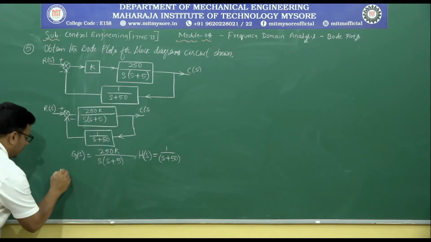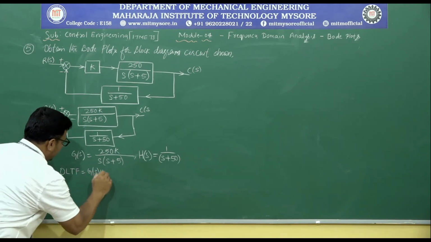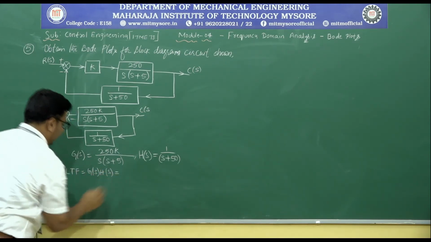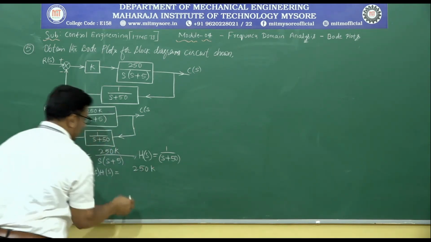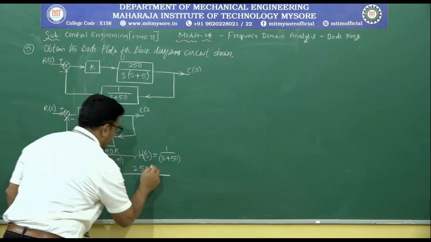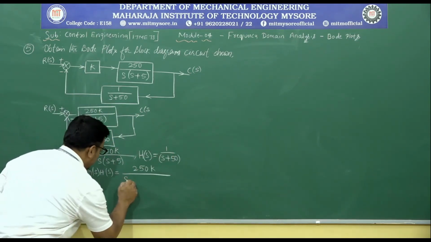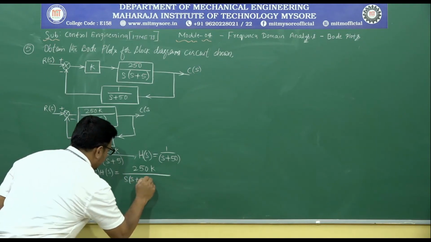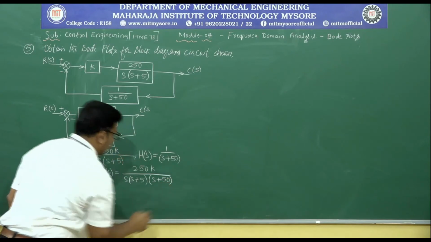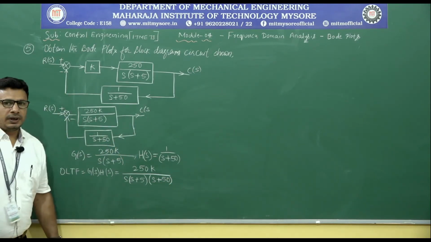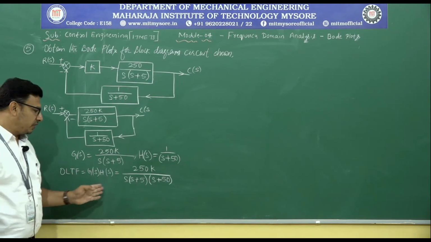Now the open loop transfer function, that is G(s)H(s), is given by 250K into 1, which is 250K divided by s into (s plus 5) into (s plus 50). So now you have got the problem in terms of the open loop transfer function G(s)H(s).